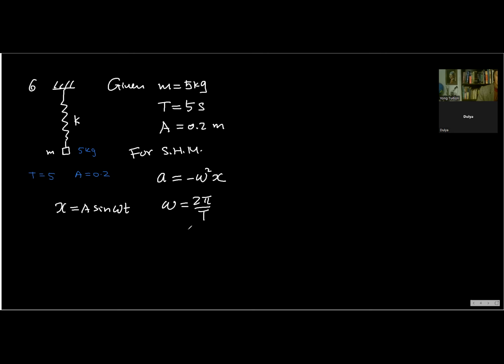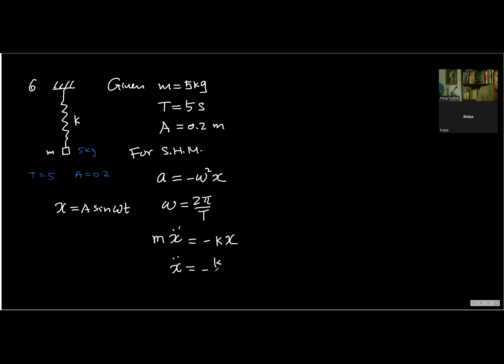So what is the relation between omega and the constant? We use Newton's second law, mass multiplied by acceleration. In this case, it's determined by the force from Hooke's law. So if you divide by m, what can we obtain?